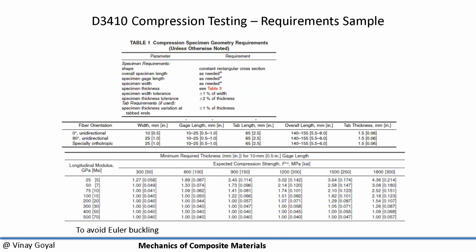The point I'm trying to make is that each of these standards is going to have a number of requirements, and a lot of them are driven by what they already know matters and what doesn't. We want to avoid buckling. As a consequence, you can design a sample in such a way that buckling is not a problem. But here is what the recommendations are. You can see here minimum required thickness, expected compression strength. Doesn't mean you're going to get that, but it gives you some information about how to go about the testing and what expectations you may have.